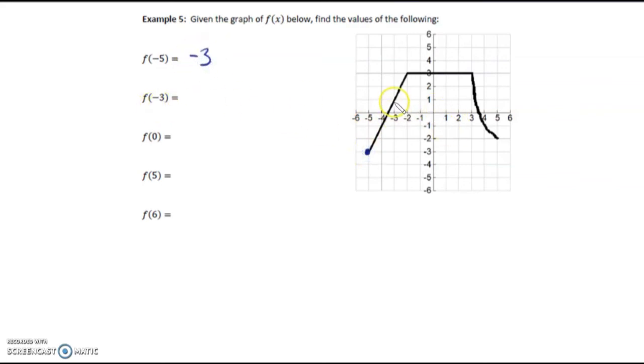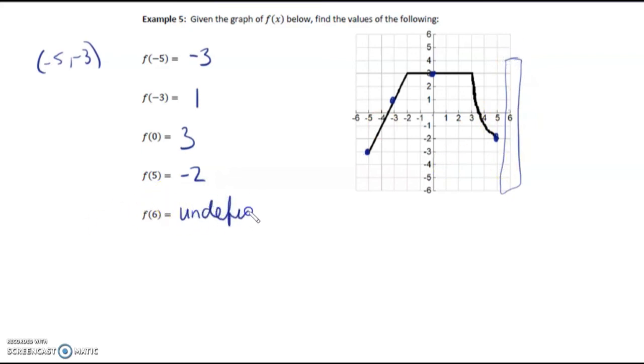When we go to -3, we get 1. When we're at 0, we get 3. When we're at 5, we get -2. And when we're at 6, well, the graph is undefined here. So we call that undefined.